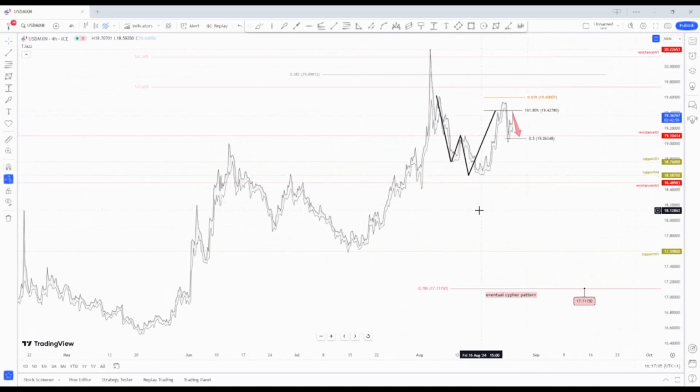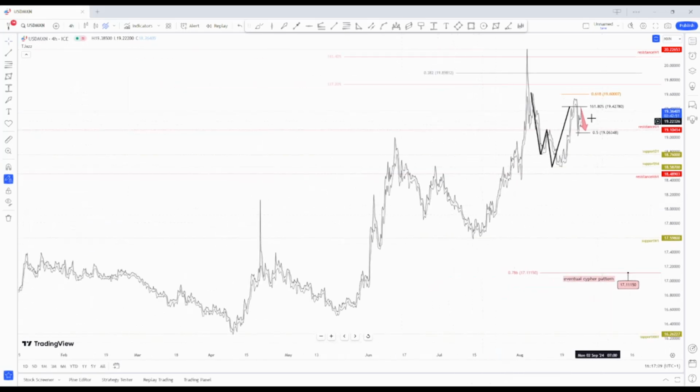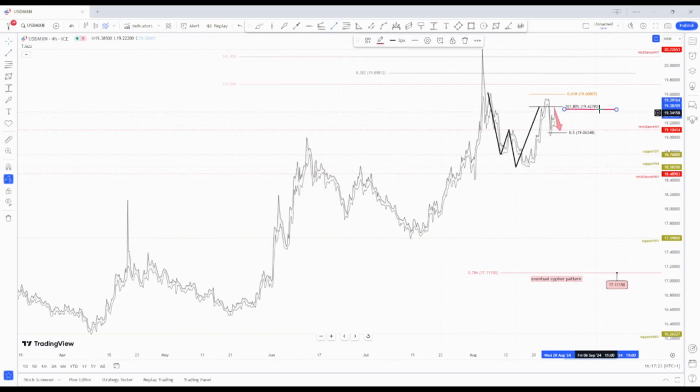Mexican peso, I think we discussed this pattern last week, this internal or lower time frame golden Fibonacci. I'm not sure if I did, and if not, I'm sorry for that. But this was one of the patterns printed for the dollar pairs, specifically for the dollar versus the Mexican peso.